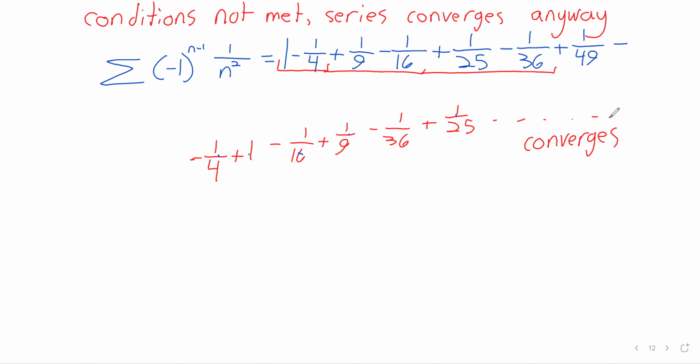It is not monotonic, but it does converge. So if the alternating series test fails, we have to try something else. And concretely, if it fails, we have to try either the ratio or the root test, because those are the only tests we have that work with negative terms.